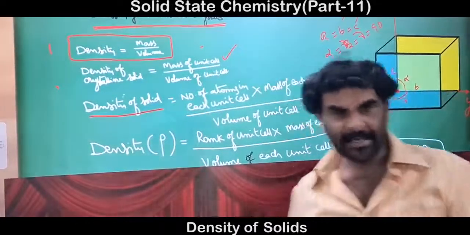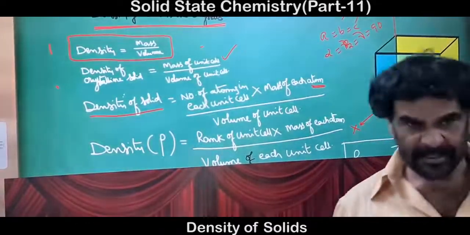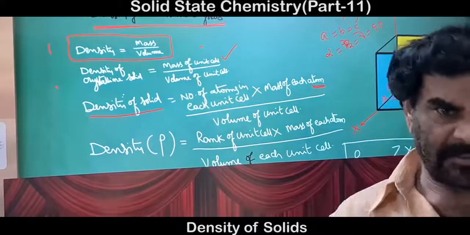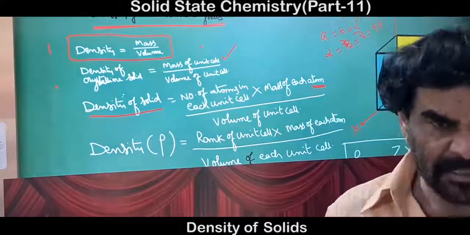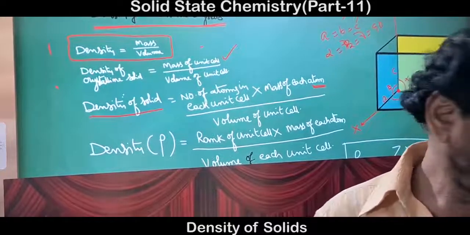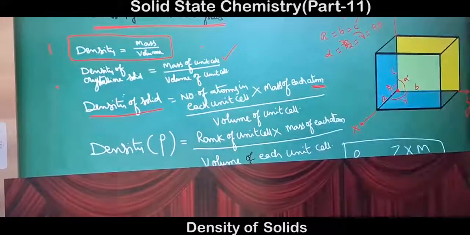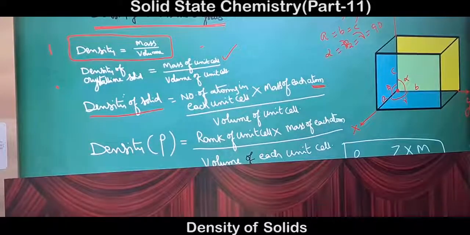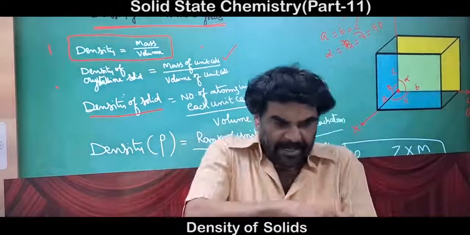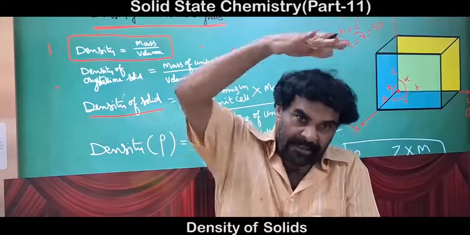In case of the hexagonal system unit cell, the base is a hexagonal base. In the base there are 6 equilateral triangles. This is the base hexagon, the top hexagon.